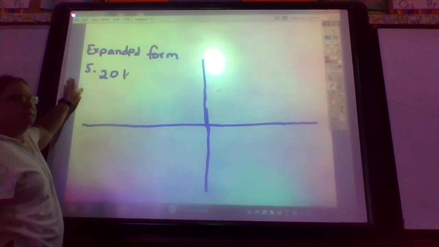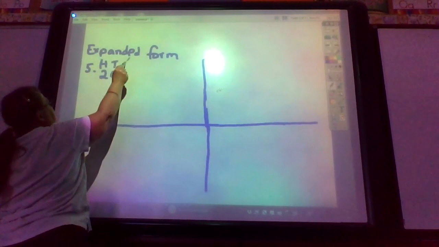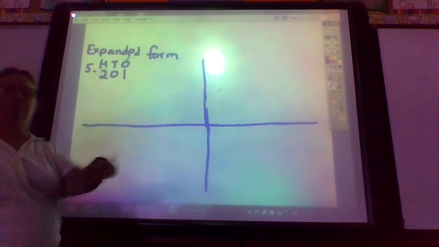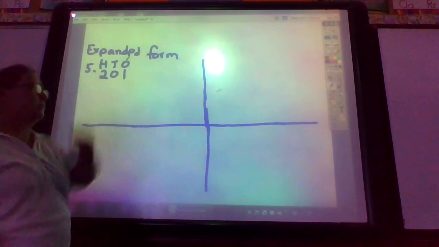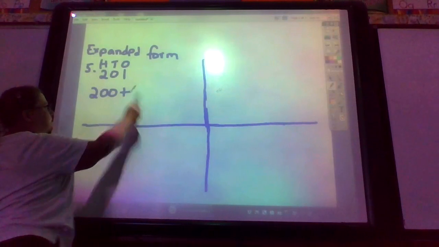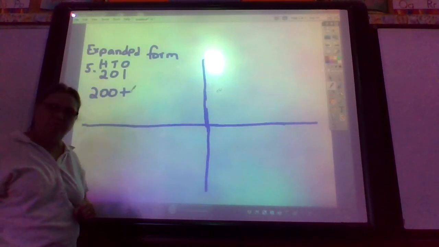I write from left to right. Hundreds, tens, ones. How many hundreds? I have 2. 100, 200. So I have 200 plus, how many tens? 0.